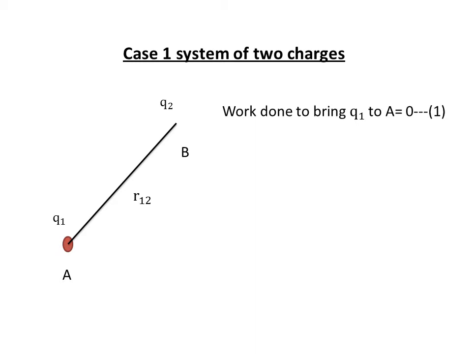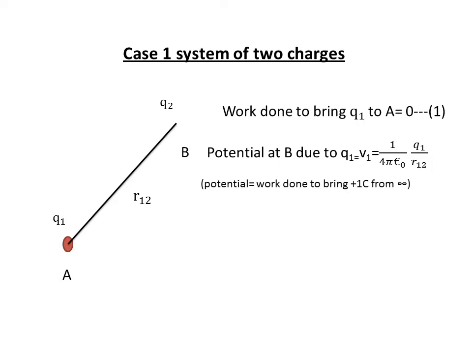Now at q2 there is potential due to A. Its value is 1 by 4 pi epsilon 0 q1 by r12. Let us take it as V1. V1 is the potential at B. It means that it is the work done to bring plus 1 coulomb from infinity to B. Work done to bring plus 1 coulomb is V1.